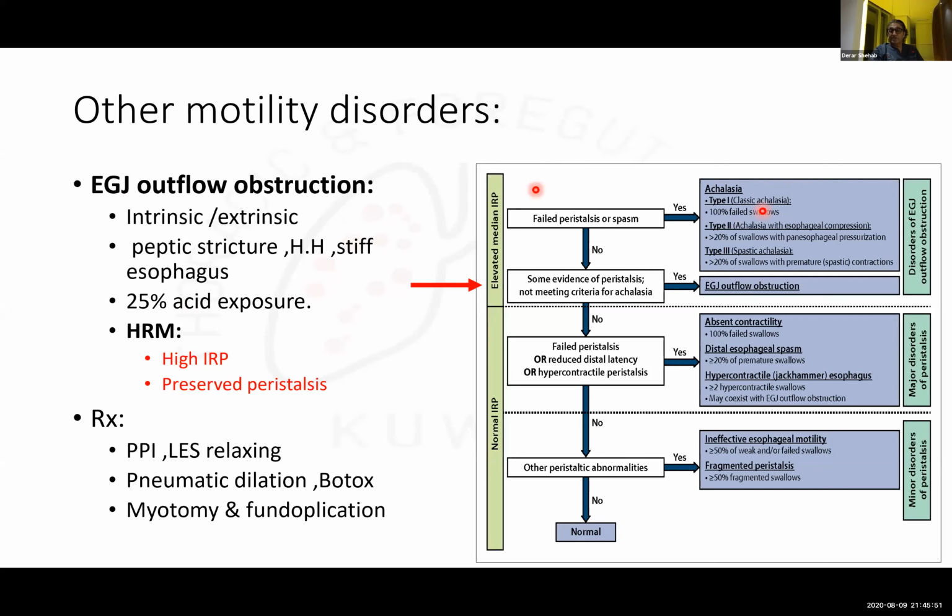There's no peristalsis. And here in EGJ outflow obstruction, the peristalsis is preserved. The treatment for this condition is more or less the same as achalasia. We start with PPI, calcium channel blockers, some sort of dilatation, and last but not least, we do myotomy and fundoplication. Usually the fundoplication is a partial fundoplication.